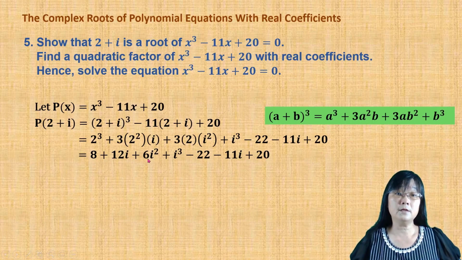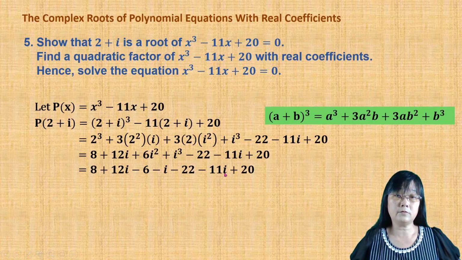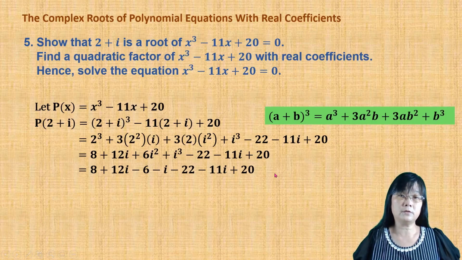Because i squared is equal to negative 1, and i cubed is i squared times i, so i squared is negative. So 12i minus i minus 11i is equal to 0i, and 8 minus 6 minus 22 plus 20 is also equal to 0.